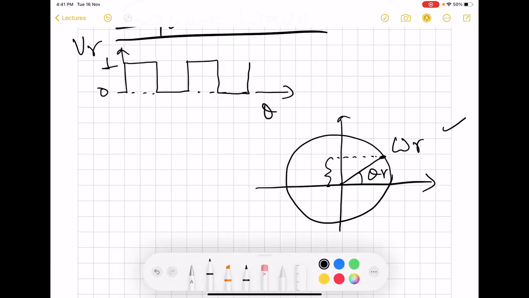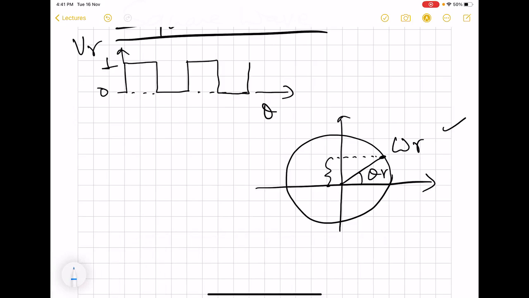So here what we do is we say that whenever this phasor is in the first half, that means starting from angle 0 to pi, the phasor will be in the upper half, and whatever may be the projection, we will always take the projection equal to the full range.